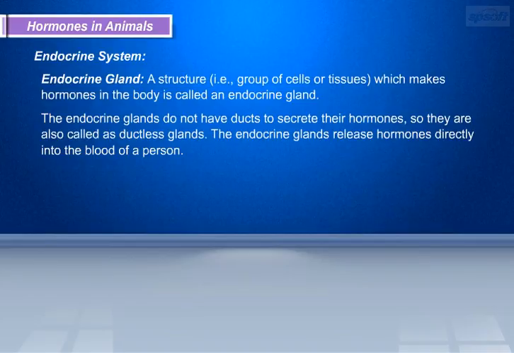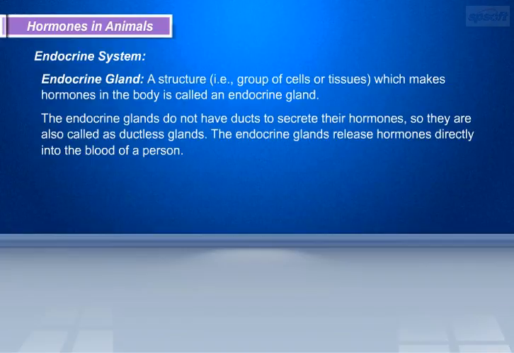Let us now discuss the endocrine glands and endocrine system of the human body. What is an endocrine gland? A structure, that is, a group of cells or tissues, which makes hormones in the body, is called an endocrine gland. The endocrine glands do not have ducts to secrete their hormones.